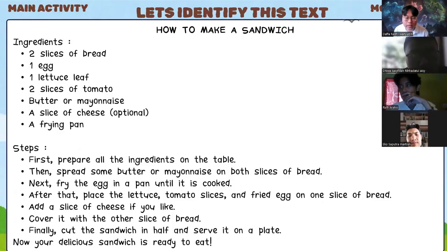What is the title of this text? How to make a sandwich. All right. Thank you very much. Next, can you find where the ingredients are? The ingredients are below the title and above the steps. All right. Good. And below is the steps, right?